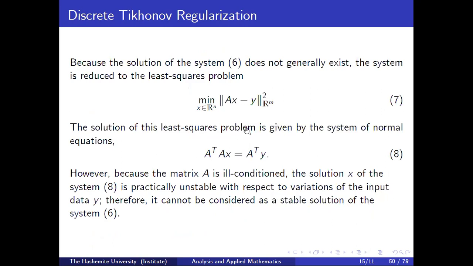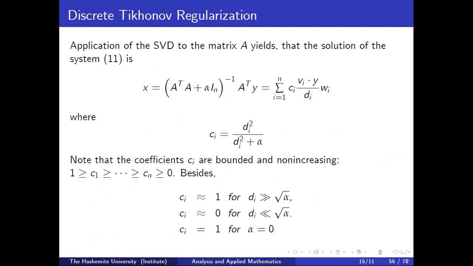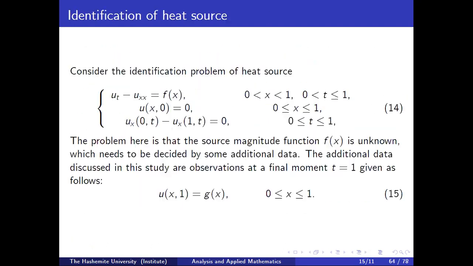So by using Tikhonov regularization, we can solve this problem even if we don't have a square matrix, for example. We have iterative regularization techniques, which we can talk about, but maybe I will skip this because we don't have enough time for this.